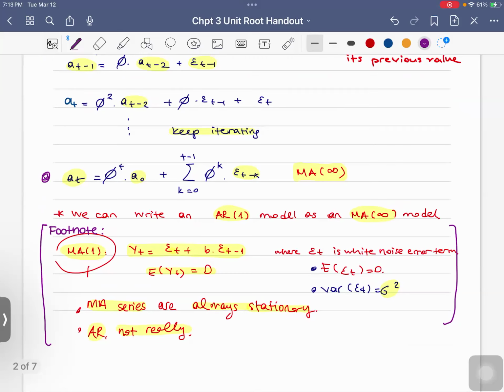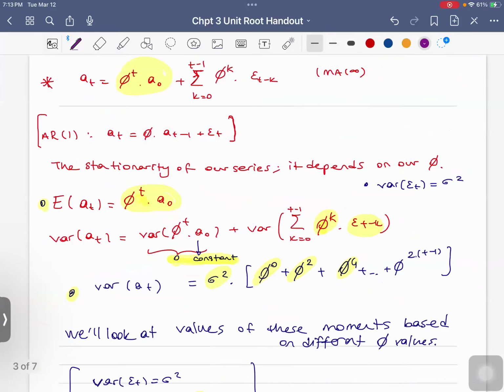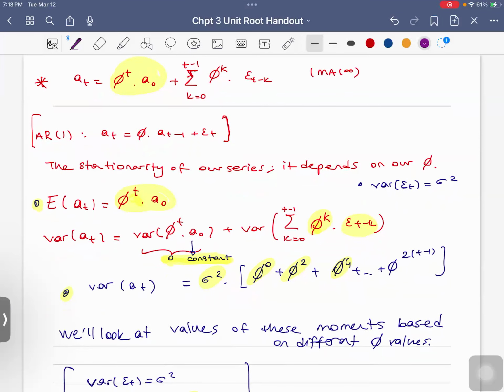Now, I copy paste that same line to the beginning of this process. Remember, this is just our MA infinite or moving average model. And it basically came out of our AR1 model as we plugged in the previous observations, okay?